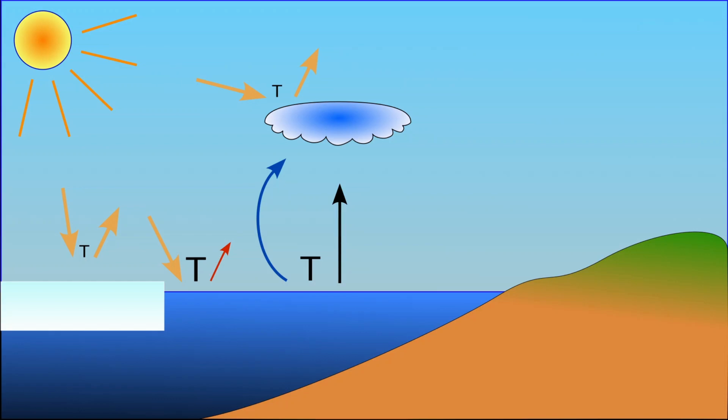And during going up, when the water vapor is going up, it will cool down, and after cooling below a certain point, water will condense again and will form small water droplets. And these small water droplets are what we are seeing then as clouds.